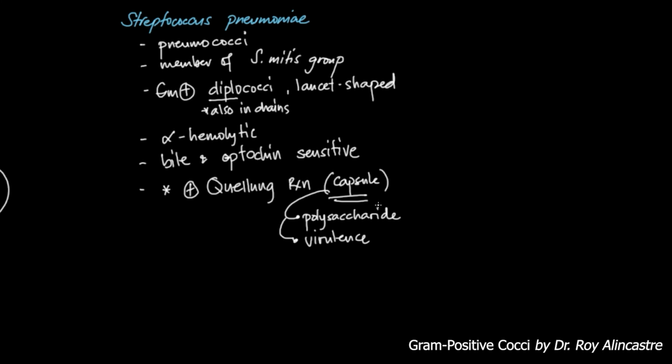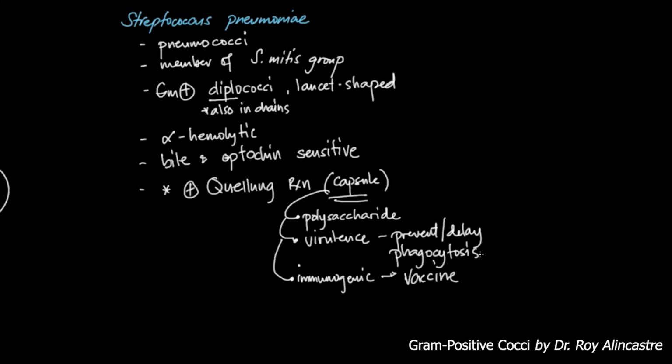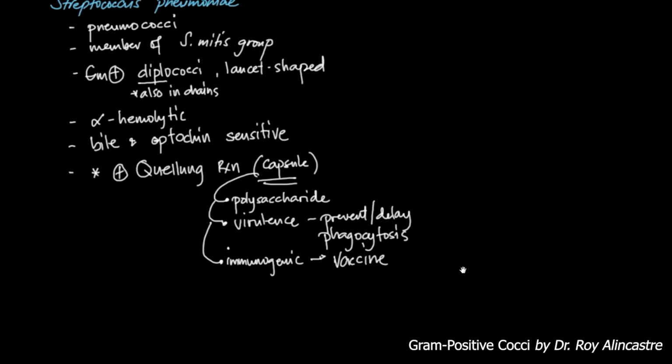It prevents or delays phagocytosis by host immune cells. Antibodies formed against the specific polysaccharides protect against infection. No? This is important to know because the pneumococcal vaccine developed for this purpose is now pushed as a part of the expanded program on immunization by the DOH, no, for children.